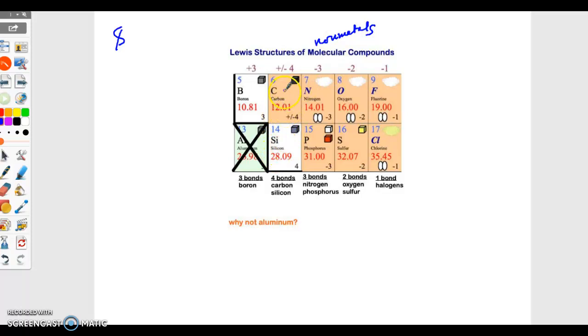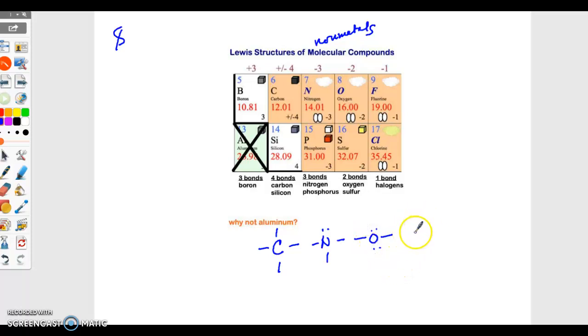If we have carbon or silicon, the two nonmetals in this column, they like to form 4 bonds. So carbon likes to have 4 bonds attached to it. Nitrogen and phosphorus, as you move to the right of the periodic table, like to have 3 bonds with 1 lone pair. Oxygen likes to have 2 bonds and 2 lone pairs.